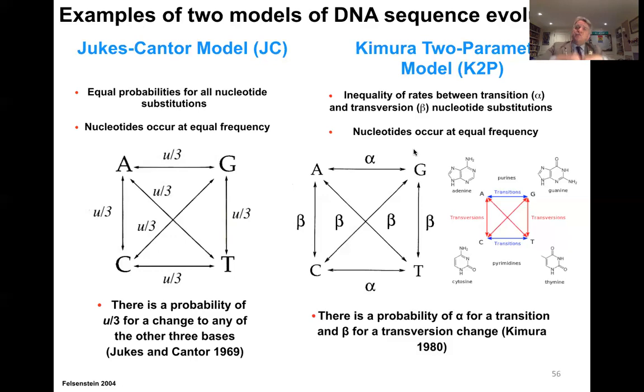So the fact that transitions occur more frequently than transversions, we could take that information, and that's exactly what the Kimura 2-parameter model is doing. It says there's an inequality of rates between transitions and transversions, and there's a probability of alpha for a transition and beta for a transversion change.